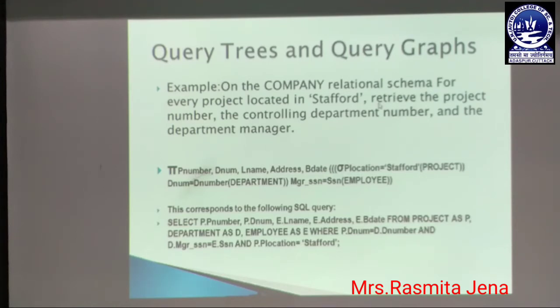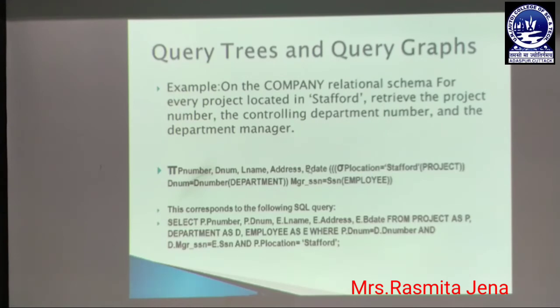You can see here it mentions that we will retrieve the project number, controlling department number, and the department manager's last name, address, and birth date. That means the project is controlled by whom, and we retrieve that manager's last name, address, and birth date. So these are the attribute values we must retrieve.